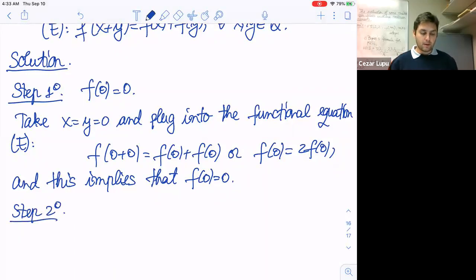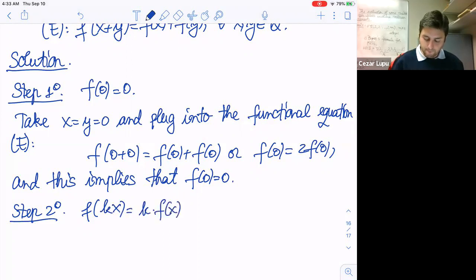Step 2. Well, step 2, we want to show that f of kx is k times f of x, right?